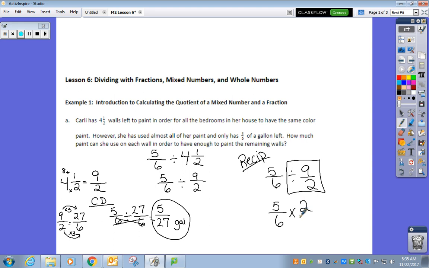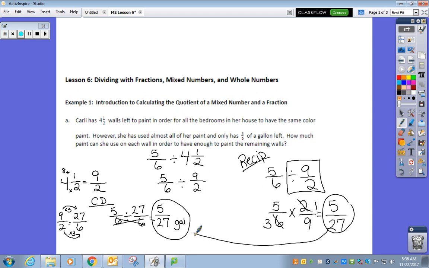So the 2 becomes our numerator, the 9 becomes our denominator. I'm going to stop and see if there's any cross-simplifying I can do here. Again, if you just want to multiply across your numerators, across your denominators, and then simplify, that's fine too. But I'm going to look and see that 2 and 6 can both be divided by 2. 2 divided by 2 is 1, 6 divided by 2 is 3. I multiply across: 5 times 1 is 5, 3 times 9 is 27. So notice I've gotten the same answer that I got over here, which I should.